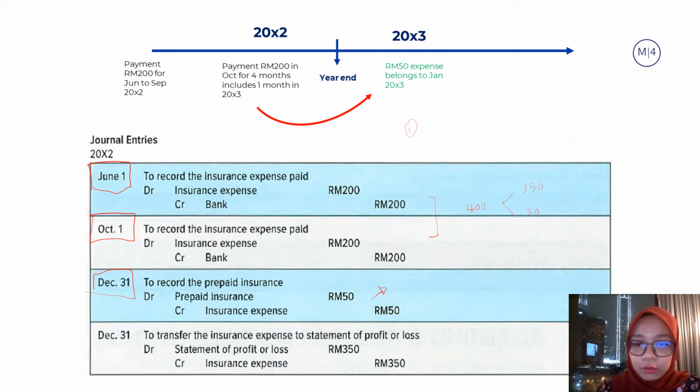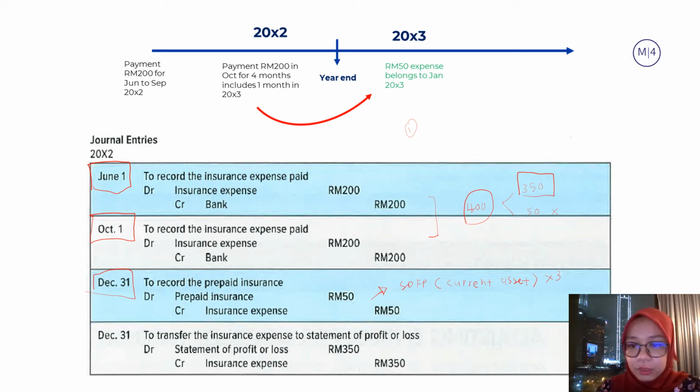This will go to the SOFP, the statement of financial position, under current asset, because these expenses will be incurred in X3. Then we have to credit our insurance expense 50 ringgit, because instead of 400 ringgit, the expenses for the current year 20X2 are only 350, so we have to take out this amount as prepaid expenses.